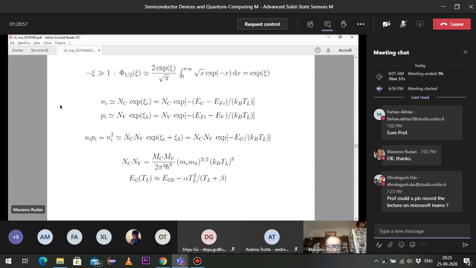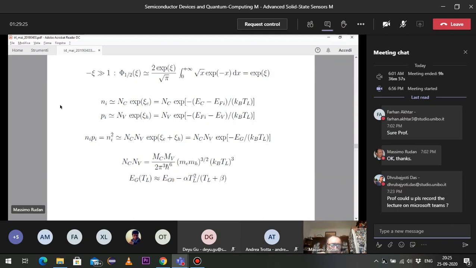At this point, since we remember that the concentration of the electrons Ni and that of the holes Pi are equal, it is not necessary anymore to use two separate symbols for them. It is customary to use the same symbol Ni for both the intrinsic concentration of the electrons and that of the holes.